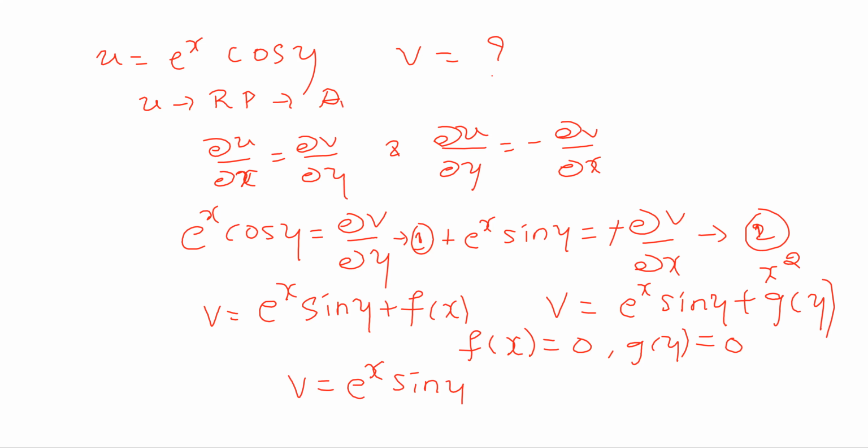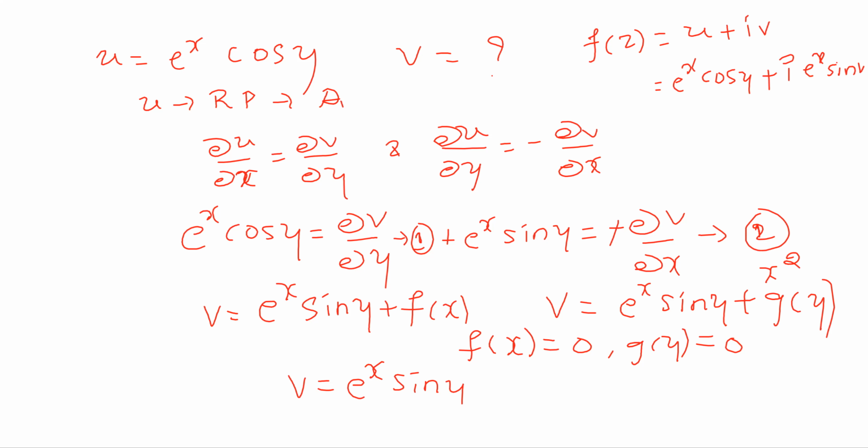In case the same function u equals e power x cos y is given, and they ask us to find f of z, you can continue with the same method. After finding the imaginary part, you just write u plus iv. We know u is e power x cos y, and v we got is e power x sin y.